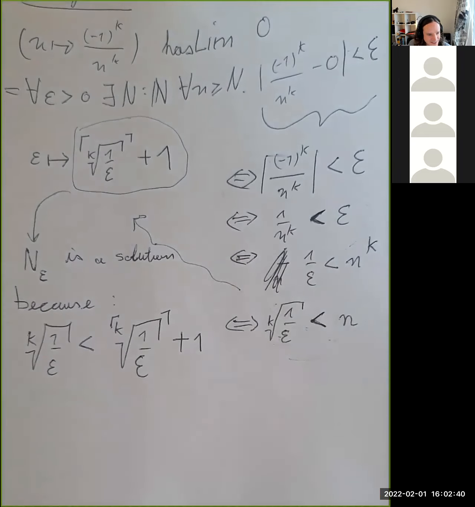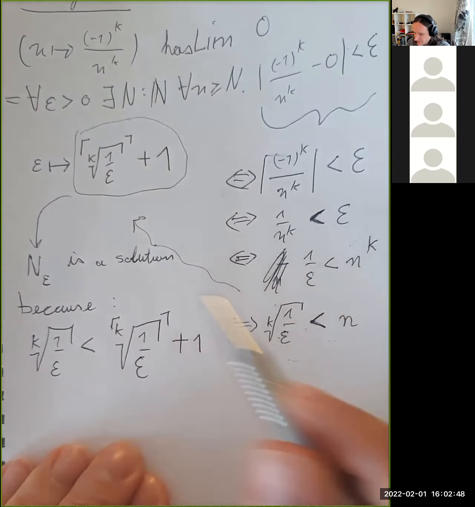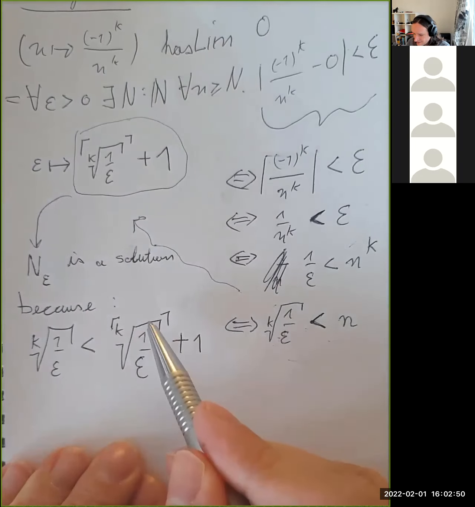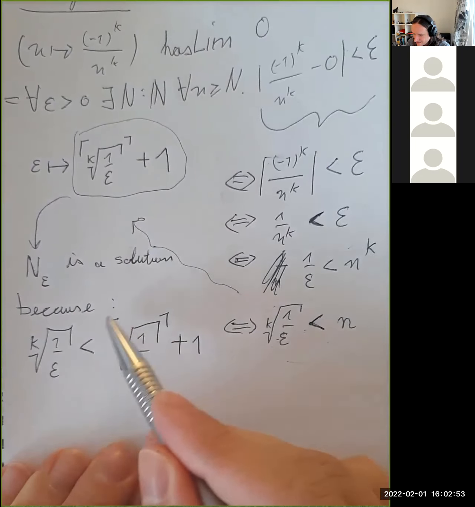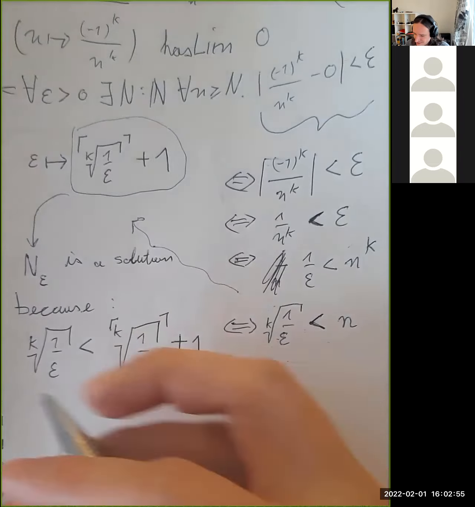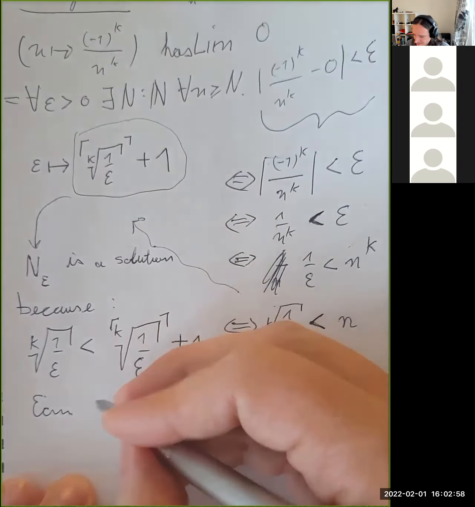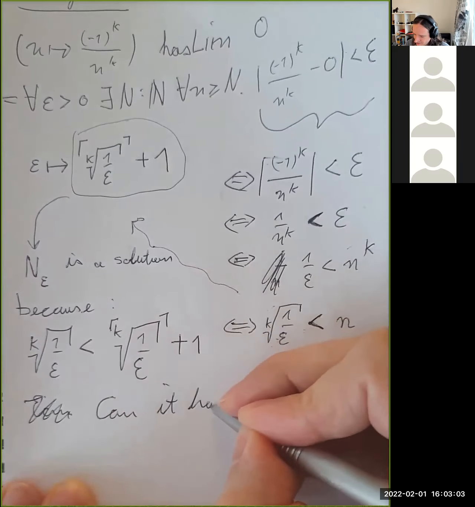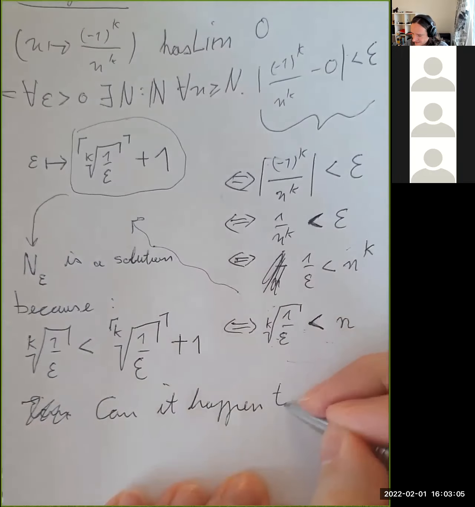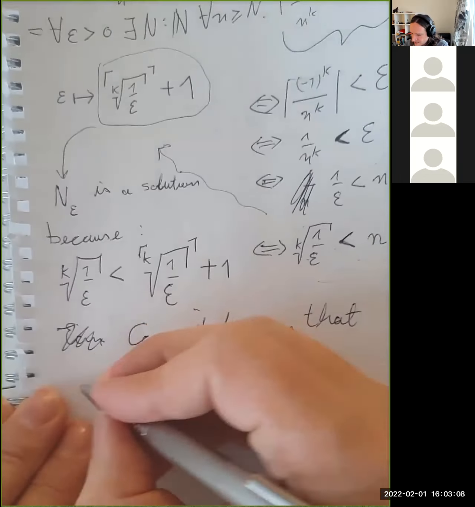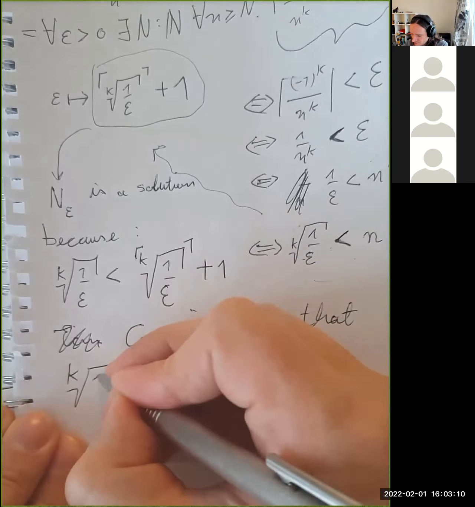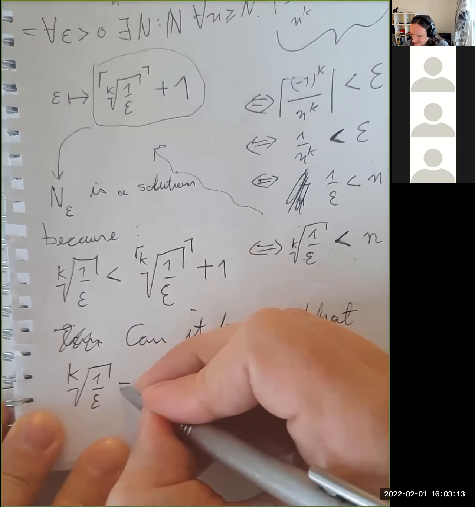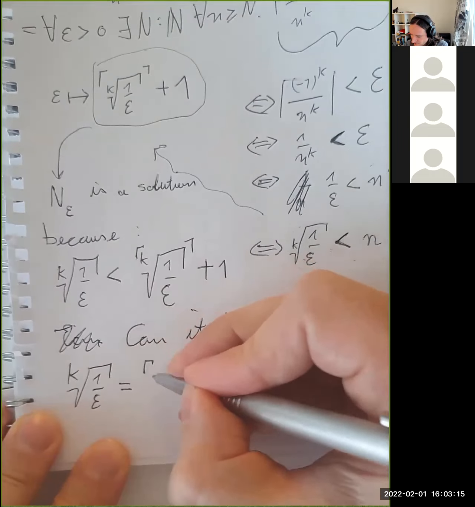But yeah, let's answer the question from the chat. Can we get an example? Okay, right. So an example where this equals this. The question is, can it happen that the k-th root of 1 over epsilon is equal to its own ceiling?